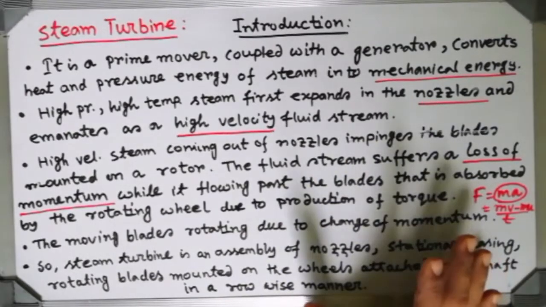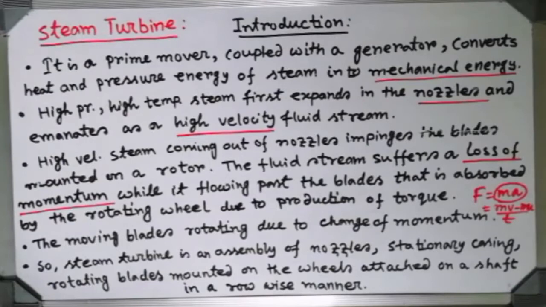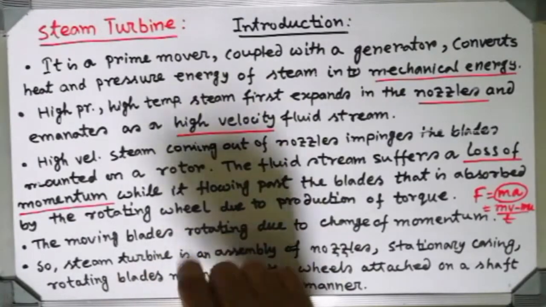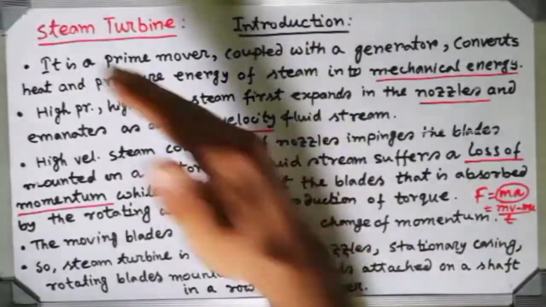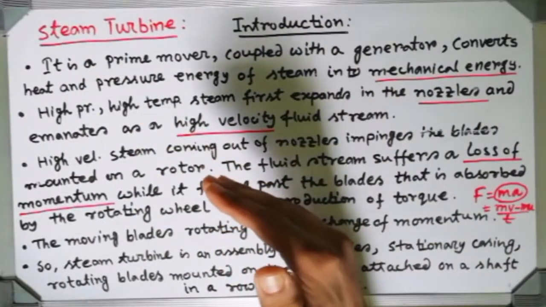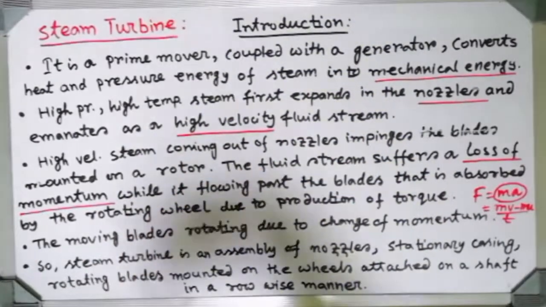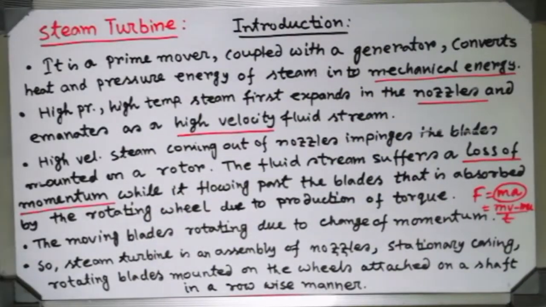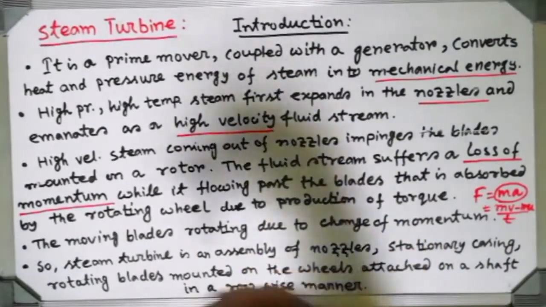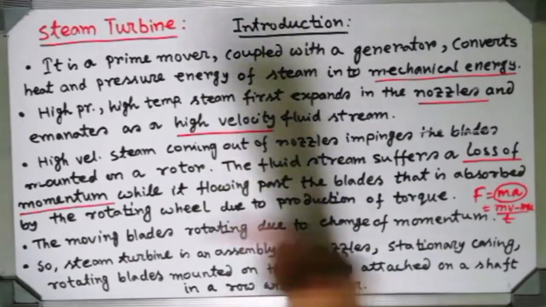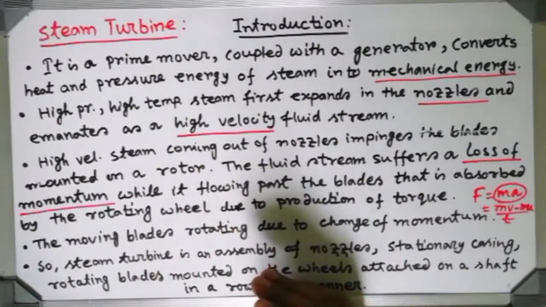What is torque? While you are rotating a circular member like a wheel or steering or a revolving door, you have to apply a tangential force onto it, by which that object will rotate with respect to the centroidal axis. That is the torque. While you are rotating the steering or a wheel of your car, you have to apply a tangential force onto it.